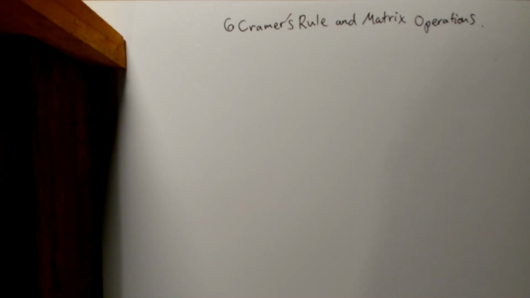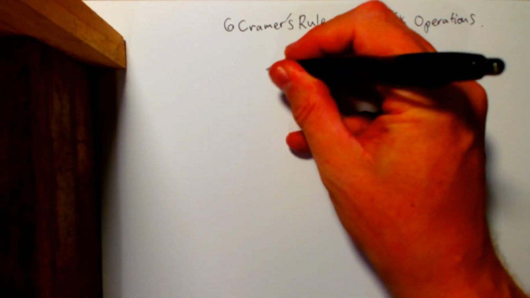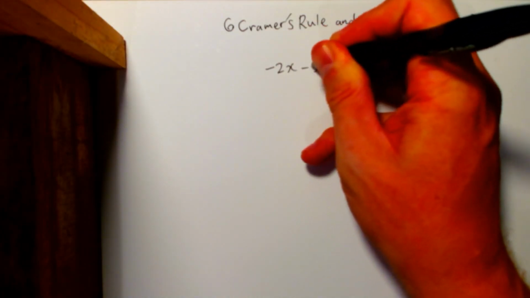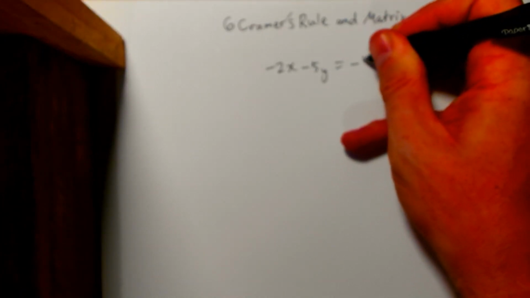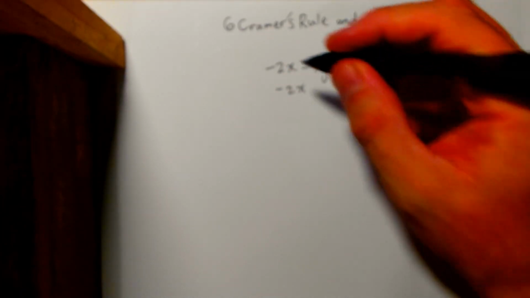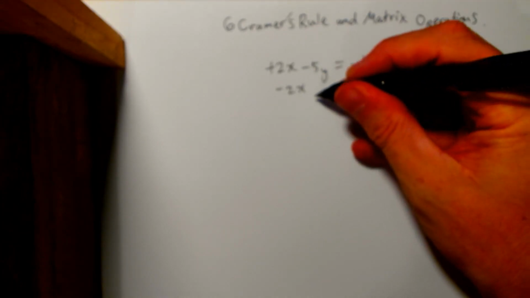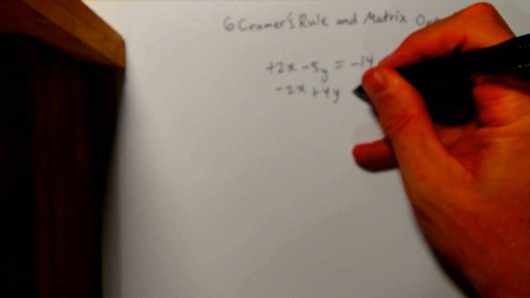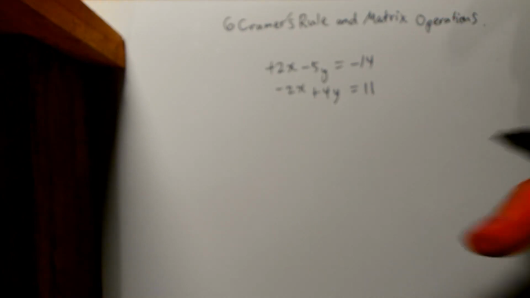For example, the following system: minus 2x minus 5y is minus 14, and minus 2x, oh hang on, that's plus over there, plus 4y is 11.